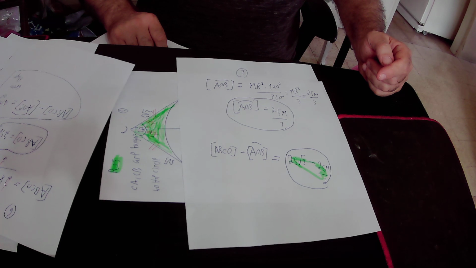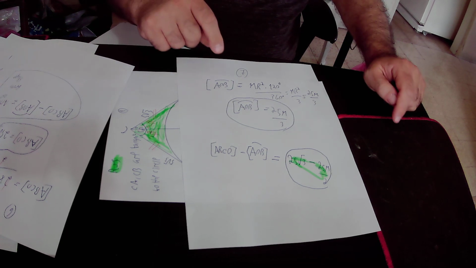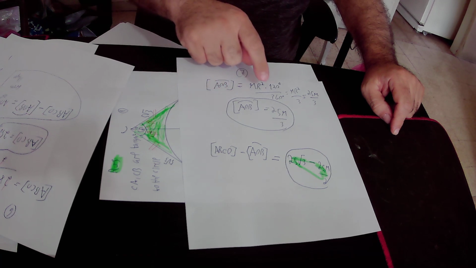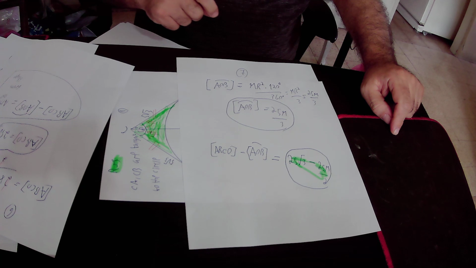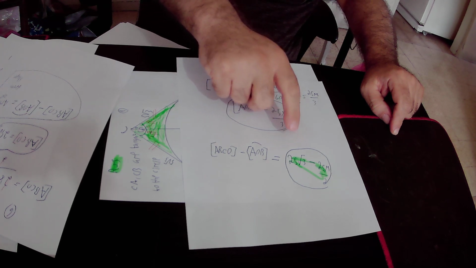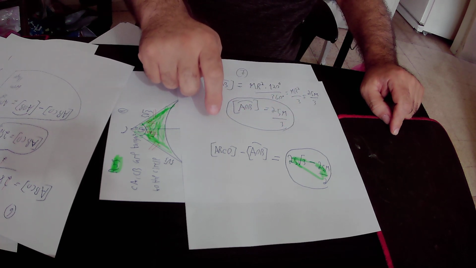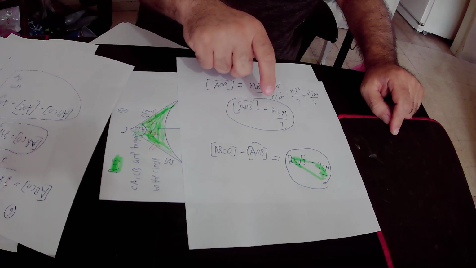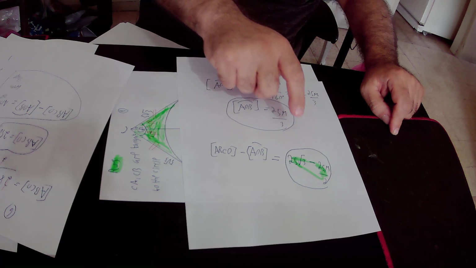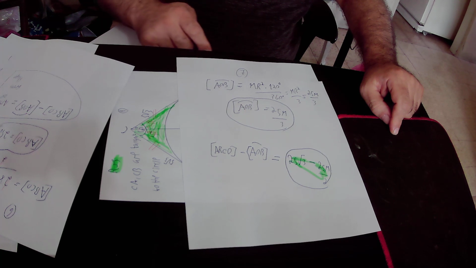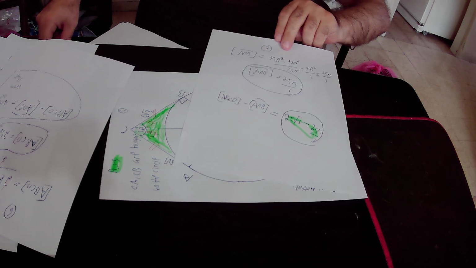So we have all the data, and we found out that the area of sector AOB equals 25 pi over 3, and we have already found out that the area of quadrilateral ABCO equals 25 times root 3. So the area of quadrilateral ABCO minus the area of sector AOB, that is 25 pi over 3, will be equal to the area of the green sector.